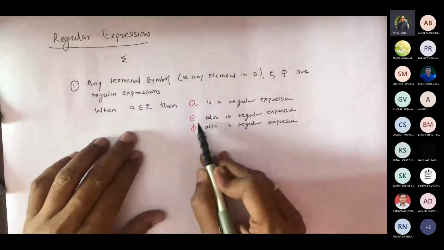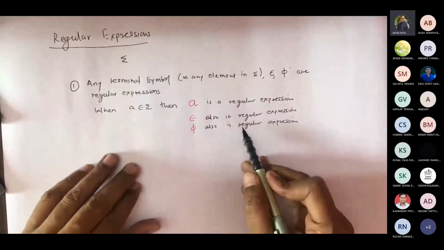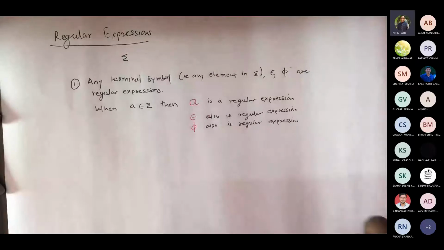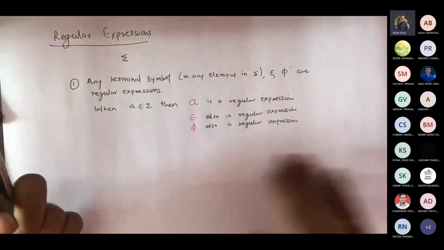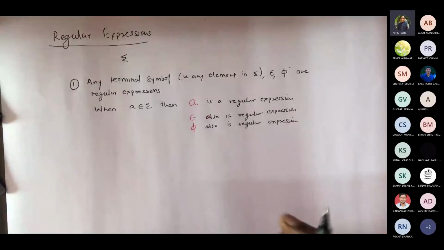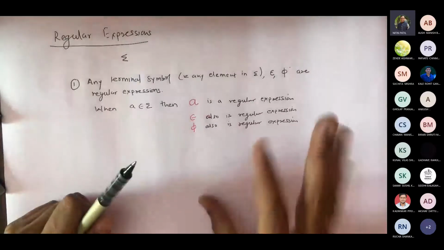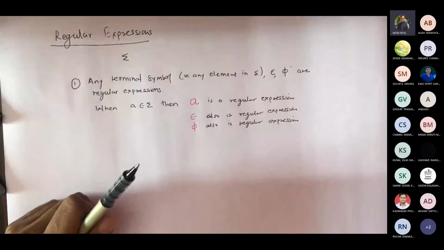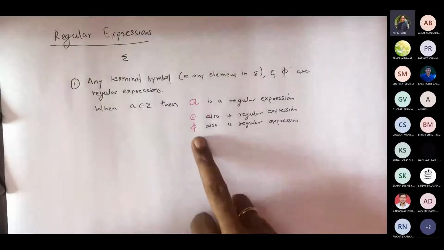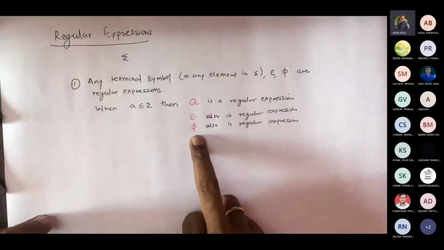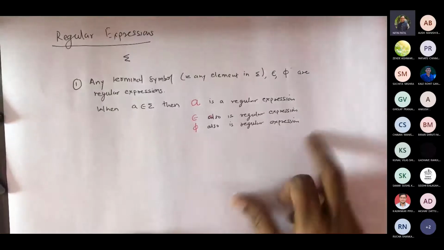When we say epsilon, it is also a regular expression: if there is a transition from one state to another with epsilon, or say the initial and final state are the same, with no other state and no transition, then even epsilon is a regular expression. Sometimes your sigma can be empty. If it is empty, then the regular expression used to represent that empty set would be phi.